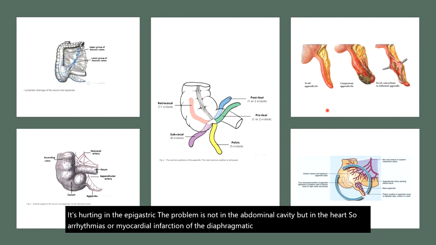With respect to the appendix, it is important to know that not always we have a pre-ileal appendix. We can have an appendix that can be retrocecal, behind the cecum, subcecal towards the pelvis, or located behind the ileum.